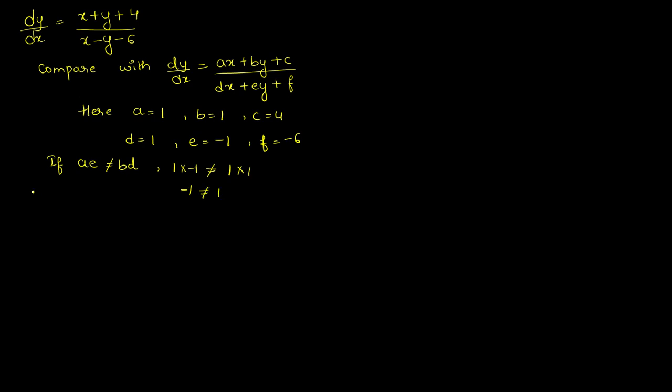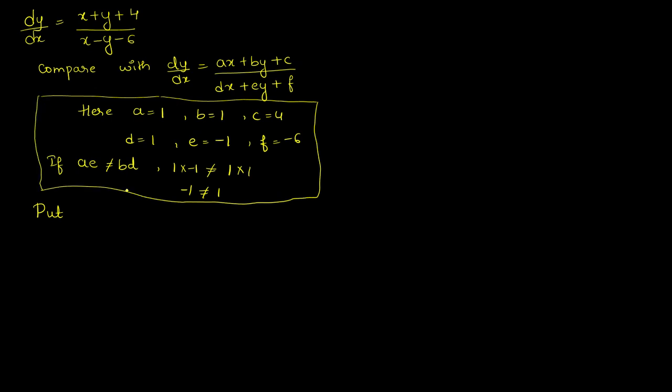So therefore, we need to apply case 1 to solve this differential equation. So what we do in case 1, when you have the equation where ae is not equal to bd, is check that case 1 is being applied to this differential equation.